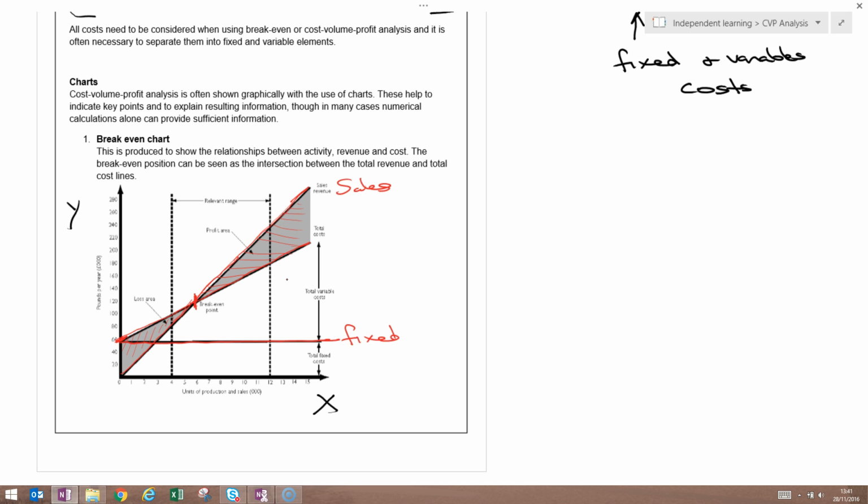The other thing we could read off a break-even chart is what's known as the margin of safety. Our margin of safety is how safe we are, so how much above break-even are our actual sales.